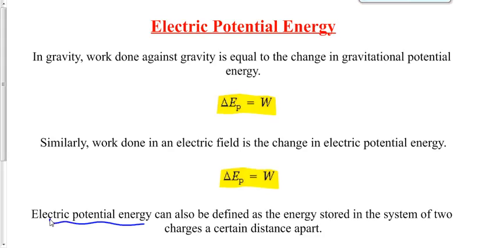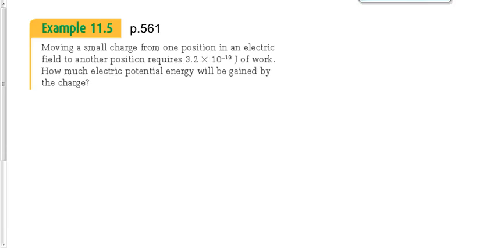I have for you right now the easiest question in Physics 30 that you will ever see. This is easier than anything you've done in Physics 20, in fact. Moving a small charge from one position in the electric field to another requires this much work. How much potential energy will be gained by the charge? What's our answer? 3.2 times 10 to the negative 19.